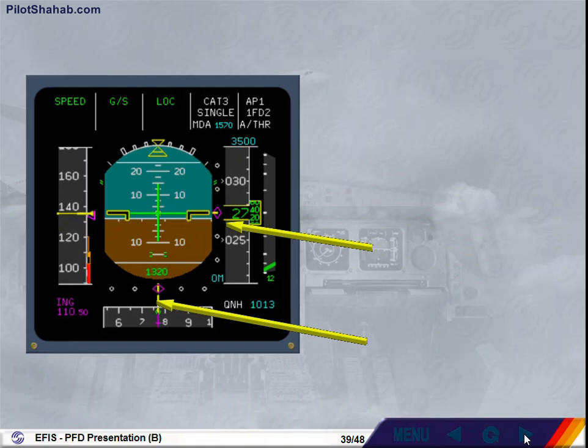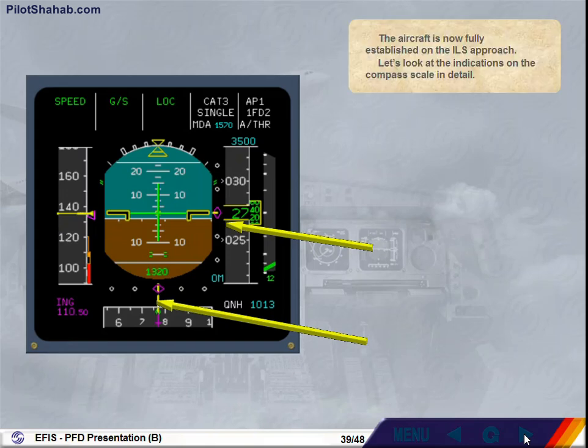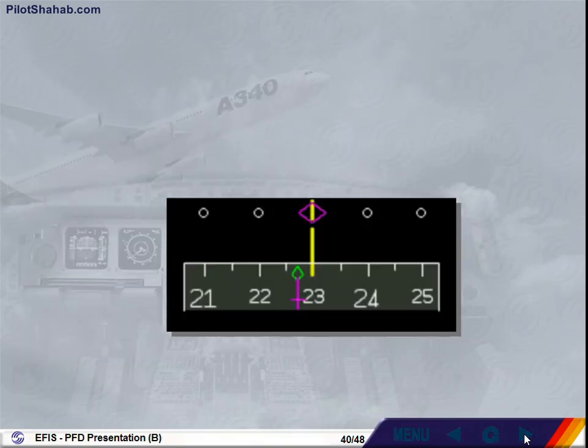Let's look at the indications on the compass scale in detail. With the aircraft established on the localizer, the heading is 230 degrees. The track diamond is showing 3 degrees of left drift.